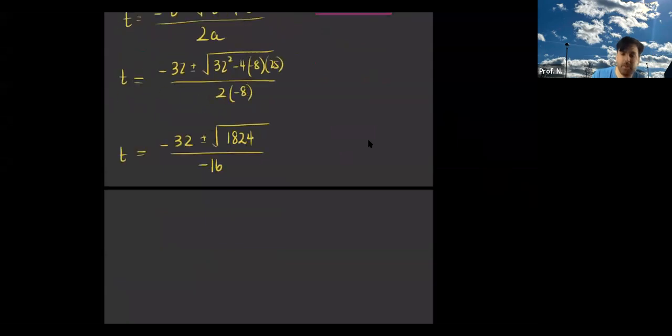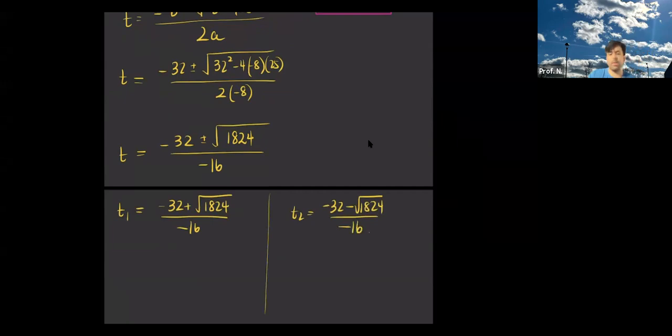Okay, so let's be very careful here. I get 2 different t's, right? The t1 is when you add them. We get negative 32 plus the square root of 1824, divided by negative 16. And t2 is negative 32 minus the square root of 1824, divided by negative 16. So I'm going to do this individually.